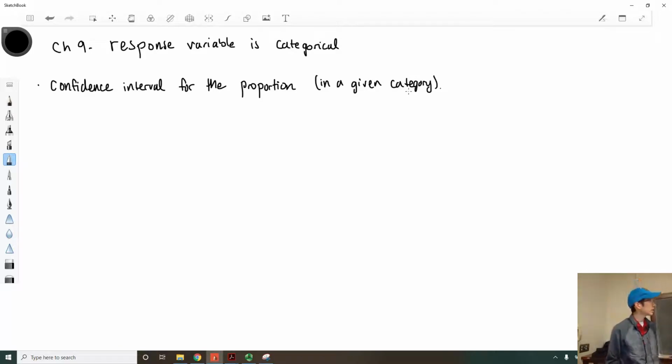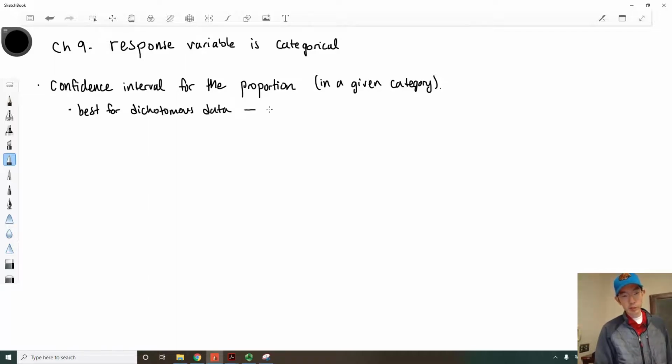Okay, and this is best for what we consider dichotomous data, which means there are only two categories. All right, so either yes or no, basically, okay?